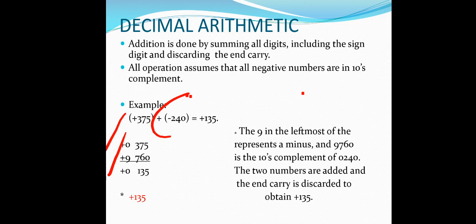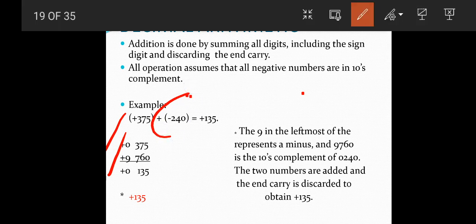So the 10's complement of your 240 will be 9760. The 9 will be the excess number, or the end carry, of the 10's complement of your negative number.